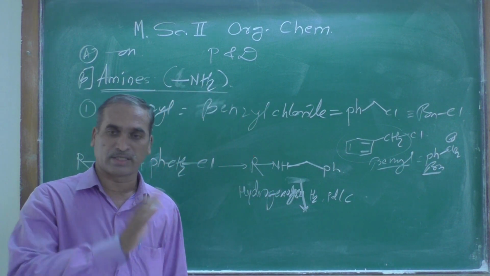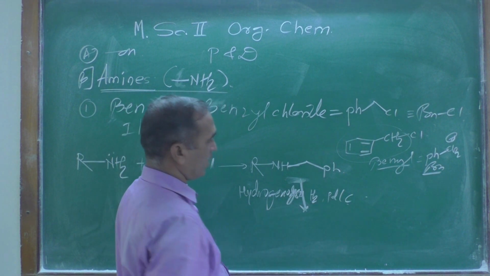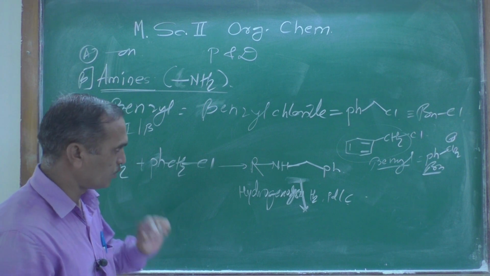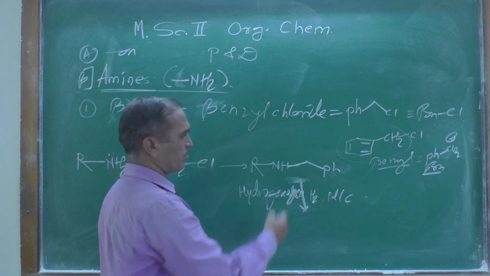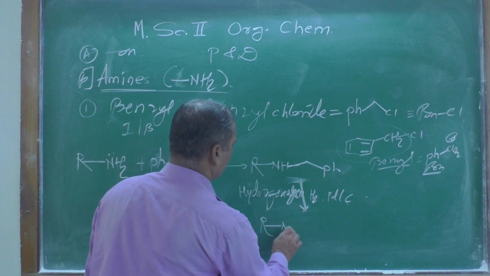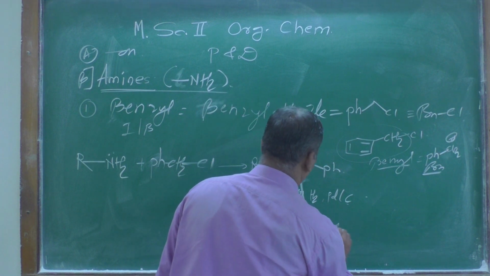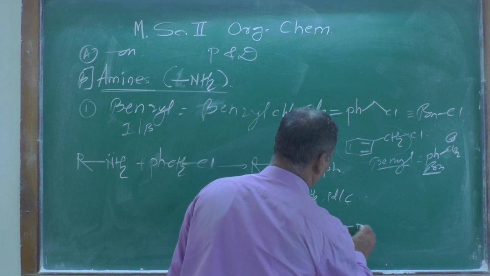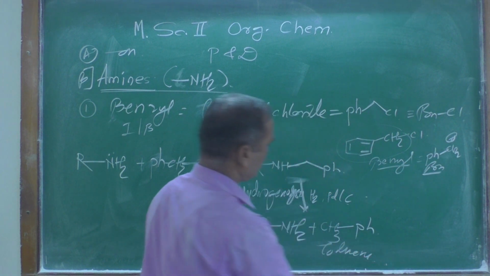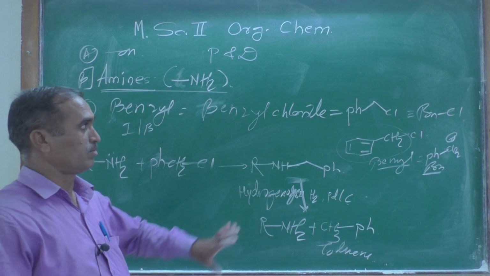As I told you at the beginning, this hydrogenolysis with palladium on charcoal breaks the bond, and we generally get the RNH2 amine group back, and the side product obtained is toluene here. This is the toluene we get after hydrogenolysis.